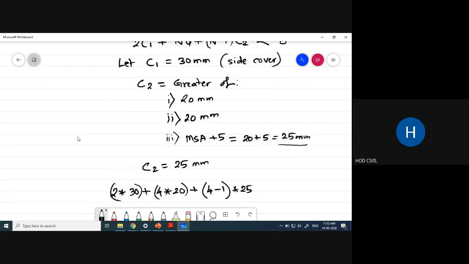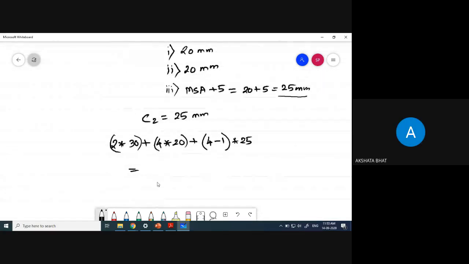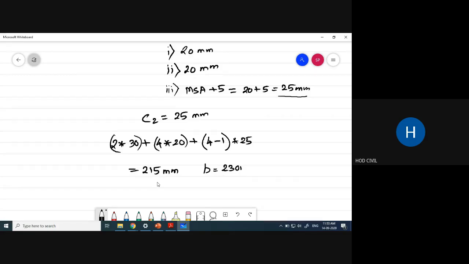Tell me. 215. 215 mm. And what is our B value? It is 230 mm. So this value is coming less than B. Okay, our check is correct. Whatever values or spacings we have adopted, the spacing between the two bars and the side cover, everything is perfectly all right, because we are getting this check.